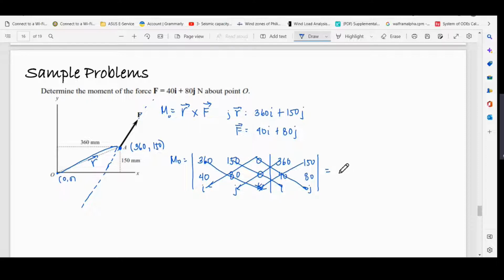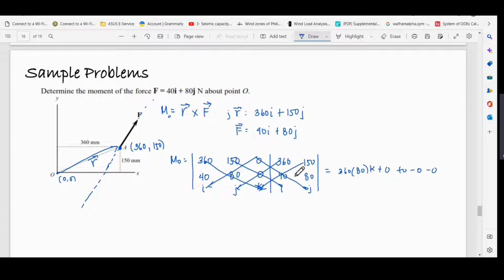Dito meron tayong 360 multiplied by 80k. Tapos dito, 0 yan, no? 150 multiplied by 0 is 0. So, plus 0. Same also this one, 0 yung product. And then dito, minus 0 din, di ba? Minus din dito, minus 0.